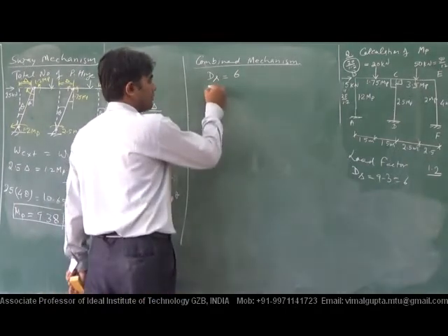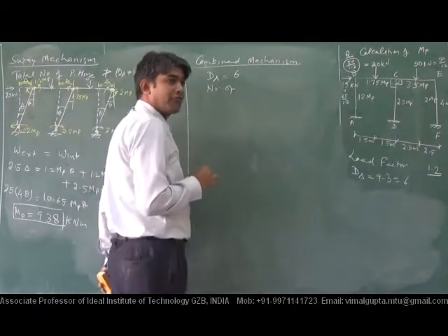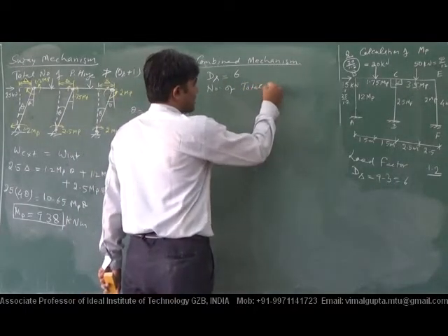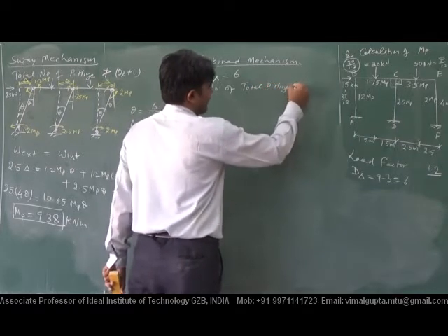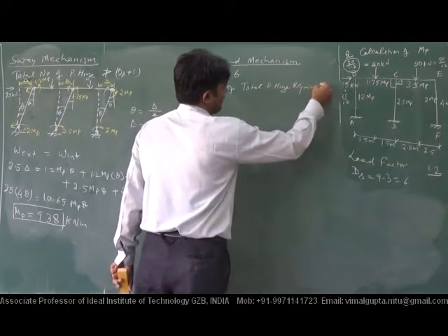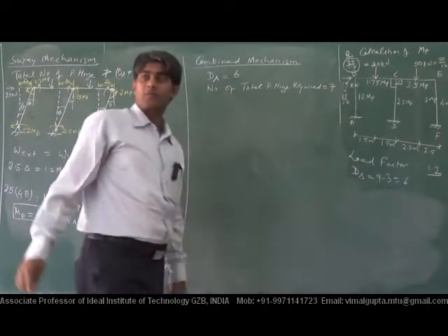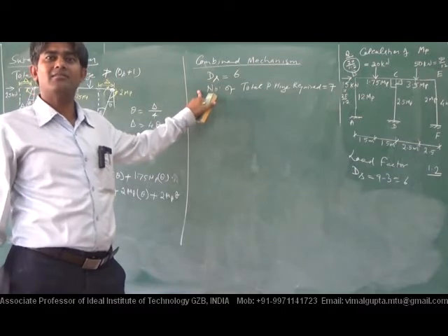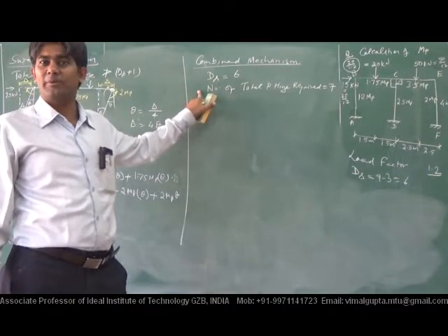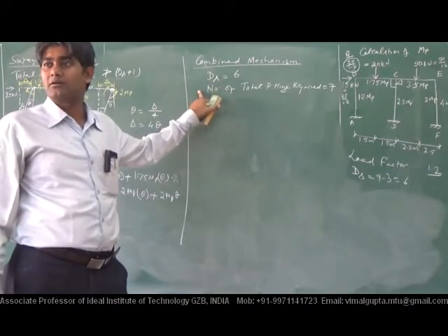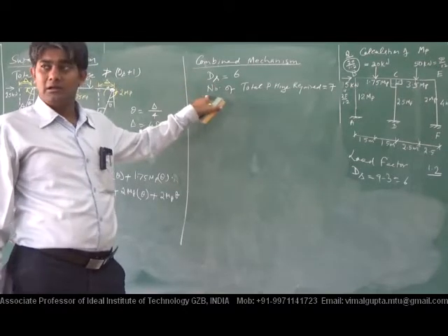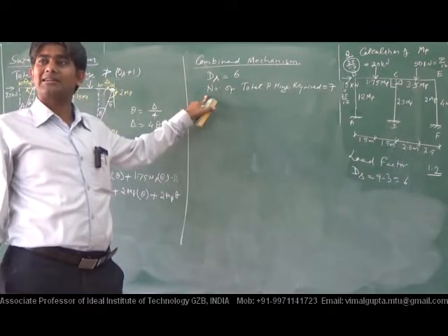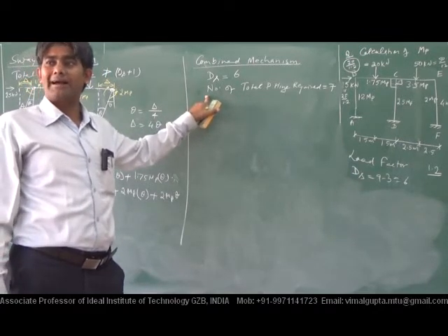Therefore, the total number of plastic hinges required equals 7. Why am I considering this? Because the entire structure has to be considered. That was not considered in the beam mechanism because only part of the structure was there.